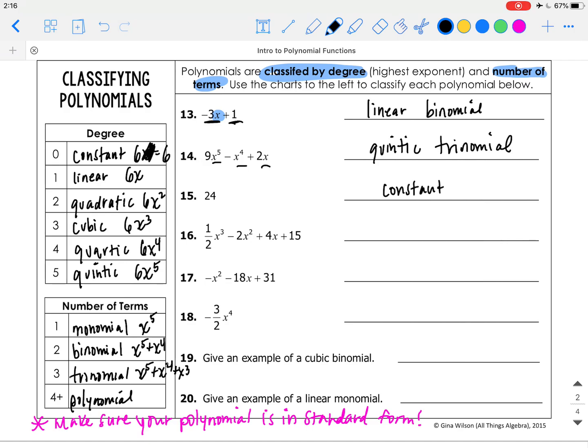And it will be a monomial. 16 is x to the third, so this will be a cubic. And again, they're in order, right? So we have x to the third, x to the second, x, 15. So we have a cubic, and let's see, 1, 2, 3, 4 terms. So this will be a polynomial.